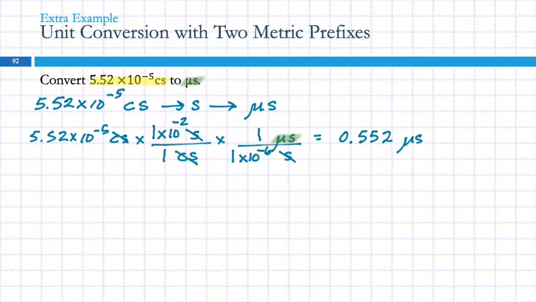Well, that wasn't a whole bunch of digits. How many sig figs should I have? Well, my conversion factors are all exact. I started with 3, so I should end up with 3.